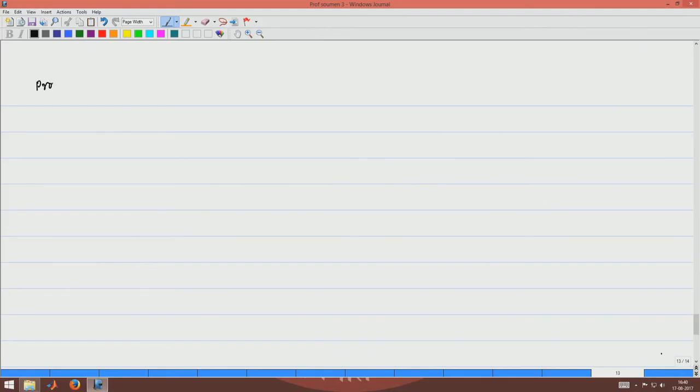Proposition. They are not so difficult. If H is a subgraph of G, then the chromatic number of H is less than or equal to the chromatic number of G, which is quite obvious.